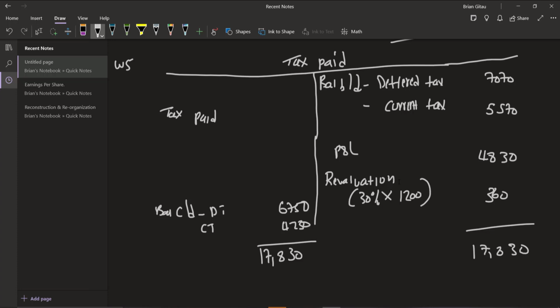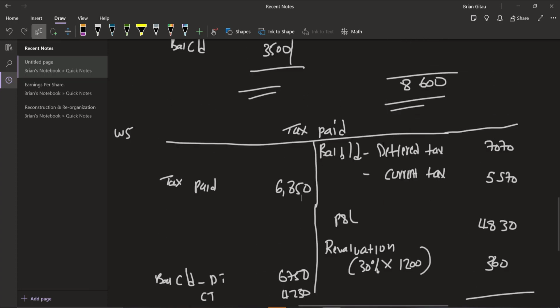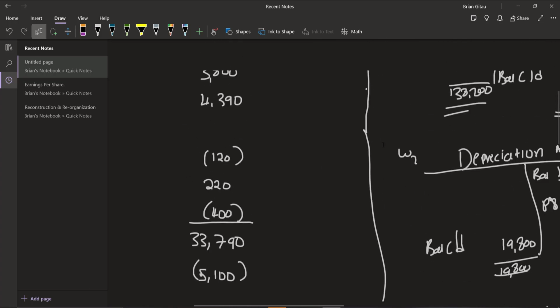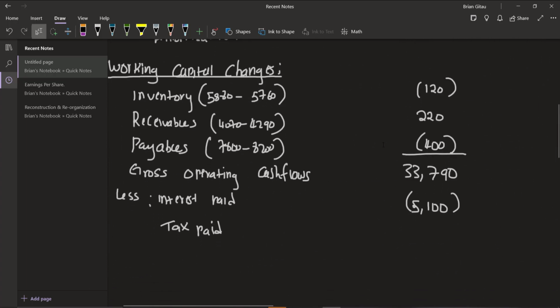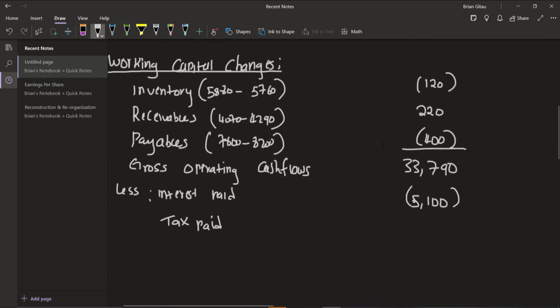Tax paid for the year, which is 6,850. So let me go ahead and record that. Tax paid is 6,850.